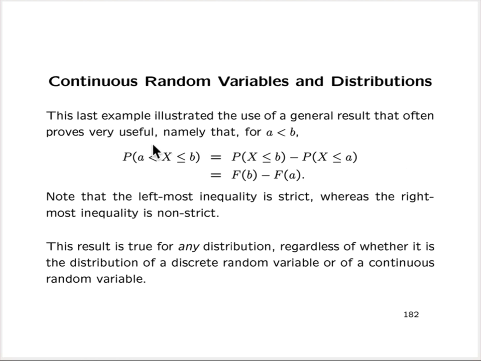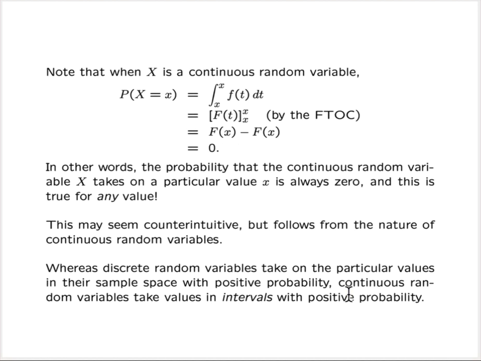So this formulation will always be true. Now, note that when X is a continuous random variable, the probability that the random variable X is equal to a particular value, which I'll denote by lowercase x, is given by the integral of the PDF from x to x.